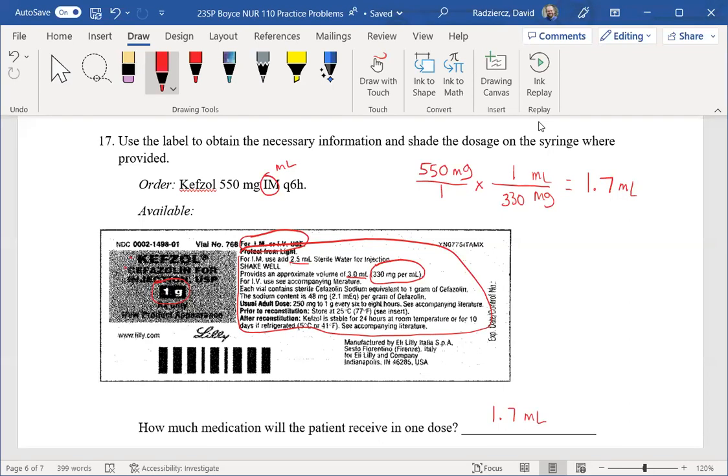So what I recommend, and I can't remember where I put those, give me 1 second. I put together some reconstitution labels. Okay, so let me just pull this up and see if it'll let me share it, and then I'll show you what I mean.